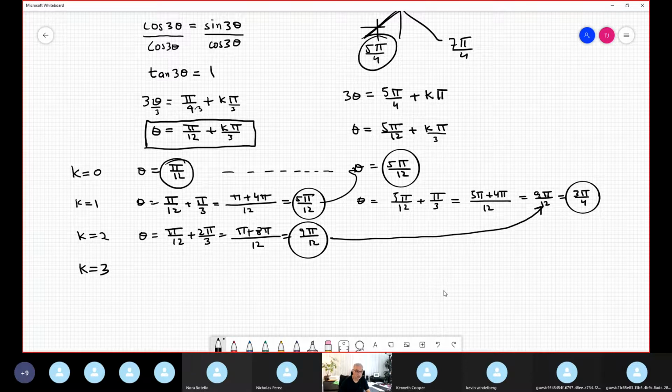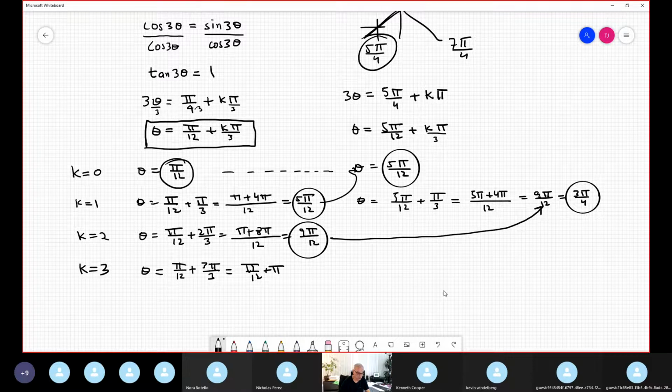So you continue. Theta equal pi over 12 plus 3 pi over 3, or pi, that is pi over 12 plus pi. That is too much because the period is pi.